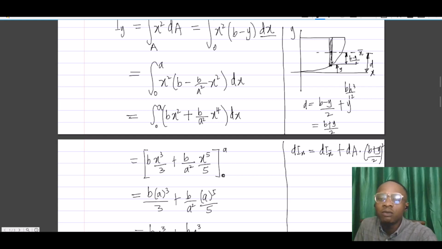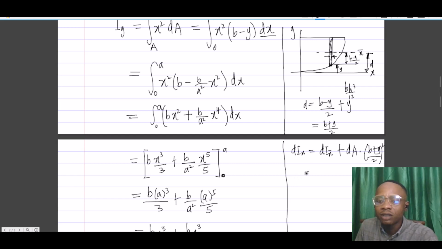For this one now, b, the length of the base parallel to the axis of interest, is this length here, which is equal to x. So our b here is x, and our h will be the height in the other direction, which is b minus y, which we've identified already.